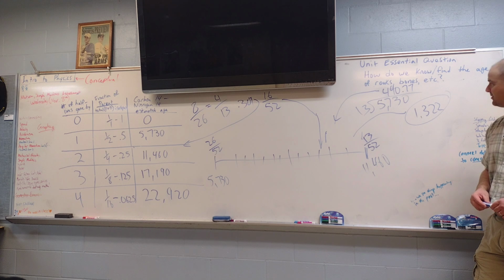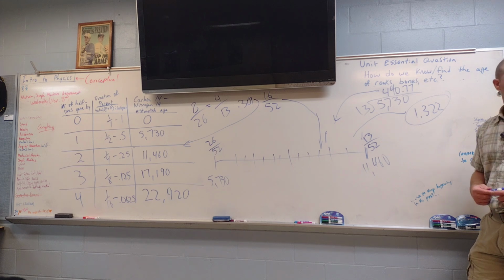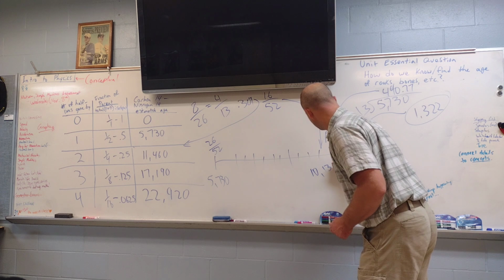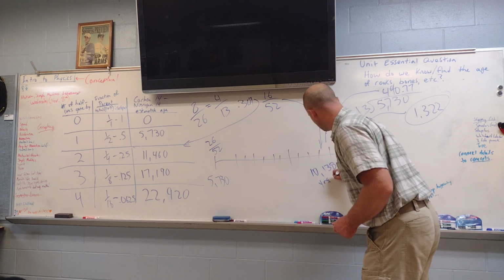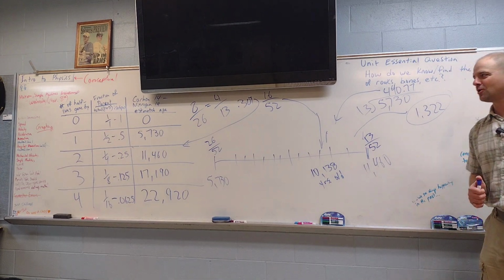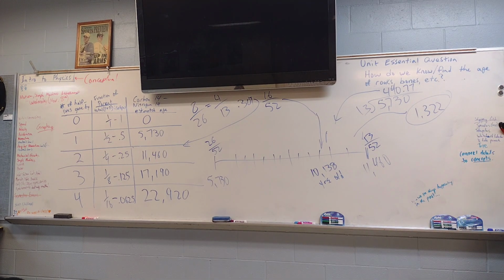Cool. This says 1,323. Okay, probably due to rounding. So 10,138 years old. Our chicken bone or our charcoal or whatever it is, 10,138 years old. Does that make sense?